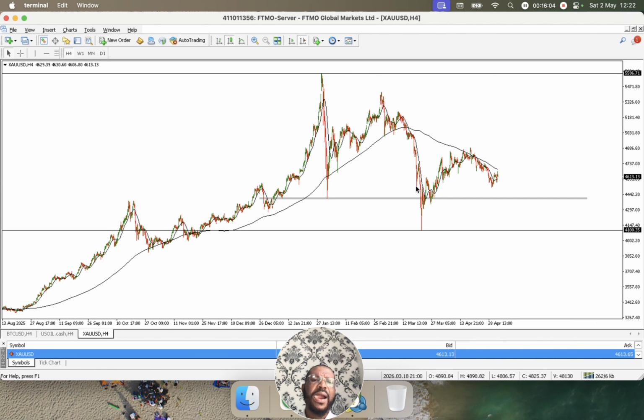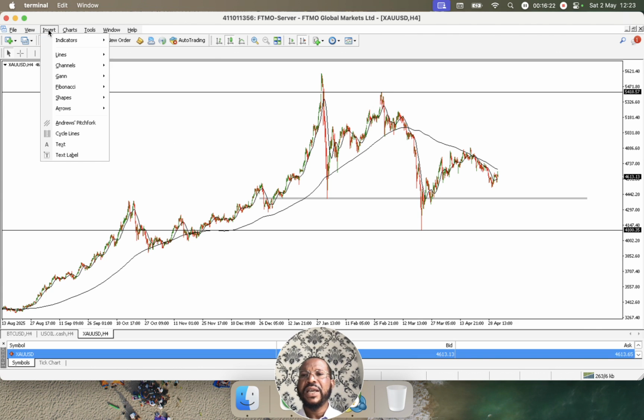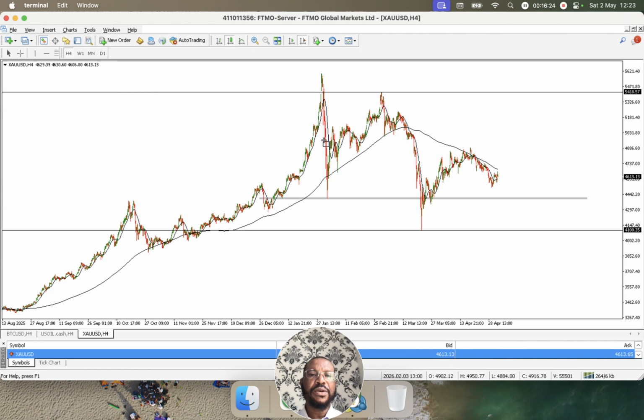Now, how will I be trading the gold in the coming days? I'm looking at this area here to be the recent demand area that brought this market down here. If I want to sell the gold now, I'll be looking for a resistance area around this place.